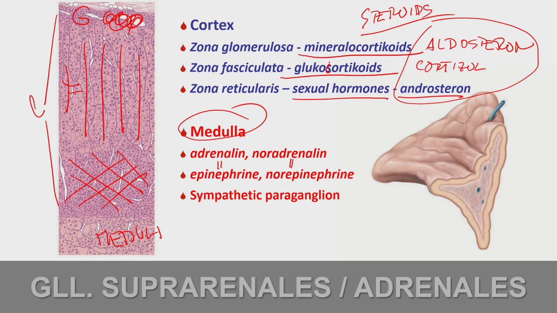We in Middle Europe use adrenaline, noradrenaline, but it's the same. Adrenal gland or epinephrine is from Greek. So it's a product of sympathetic paraganglion, and those molecules are bioamines.